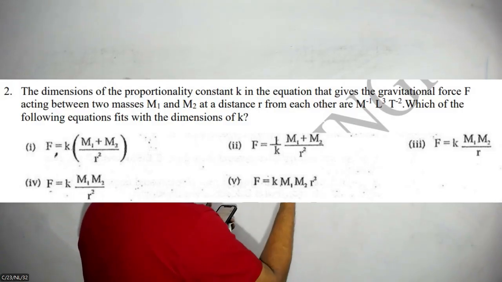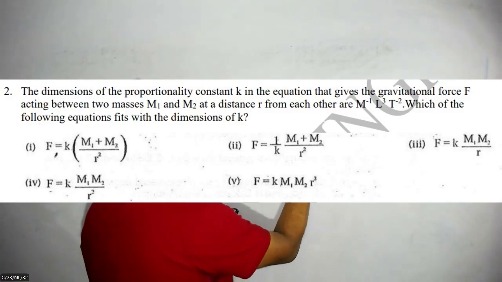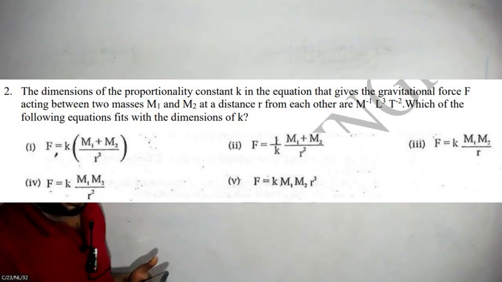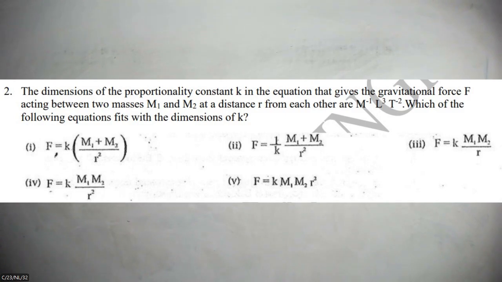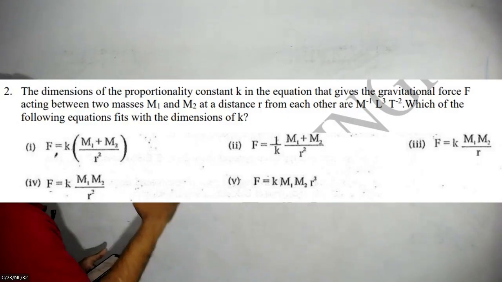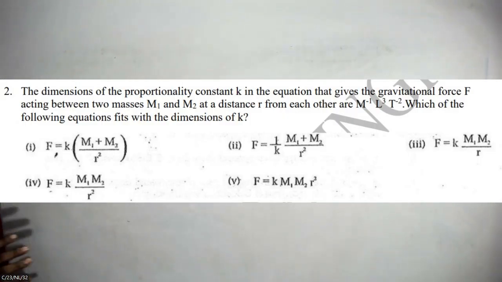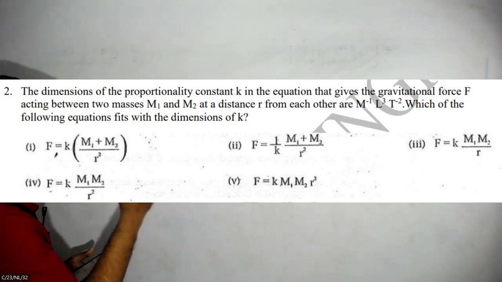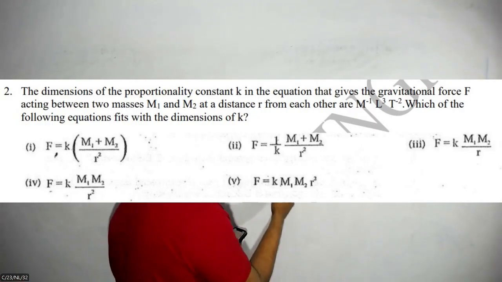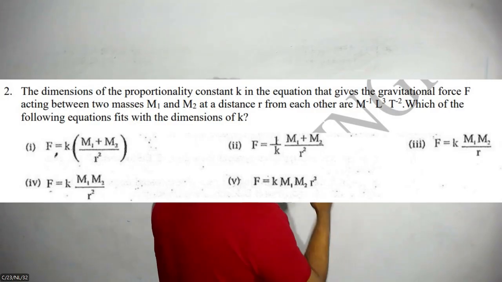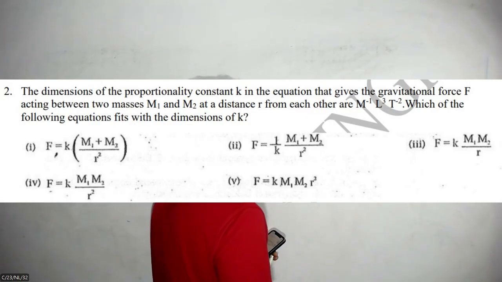K is present at the numerator. Therefore, let's first try to derive the relation among M1, M2 and R by considering that condition. What is the condition? The condition is K is positioned at the numerator, right?